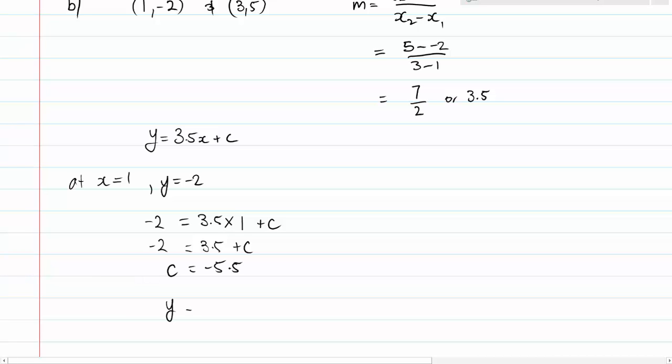And so therefore y is equal to 3.5x plus, minus 5.5. Okay, so that is my part B.